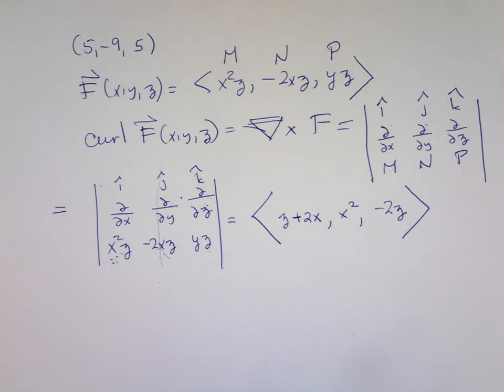Does that get entered in as a vector? Do they give you the angle brackets or not? I can do a vector. They want the i, j, and k. Yeah, just use the i, j, and k thing. So it'll be z plus 2x for i: z plus 2x, quantity times the bold i.